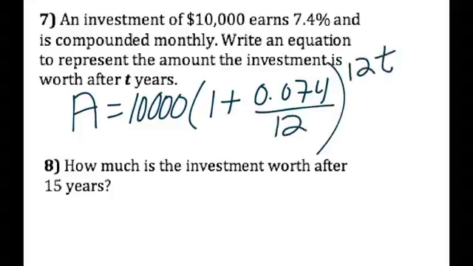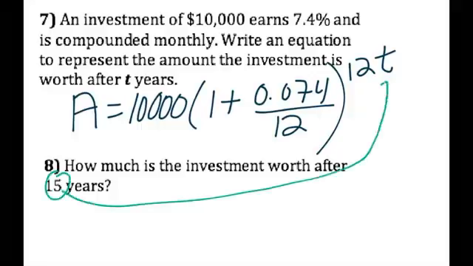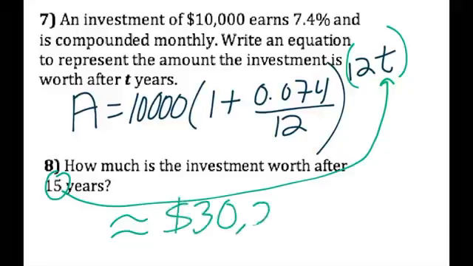Now we want to figure out what it's going to be worth after 15 years. I take that 15 and I plug it in there for t. Don't forget to put parentheses around that in your calculator. And I get approximately $30,240.33.